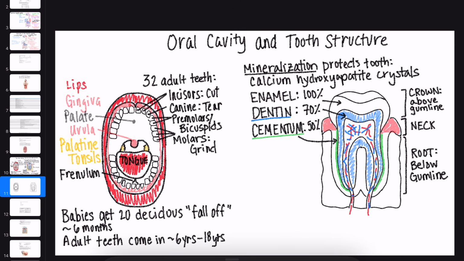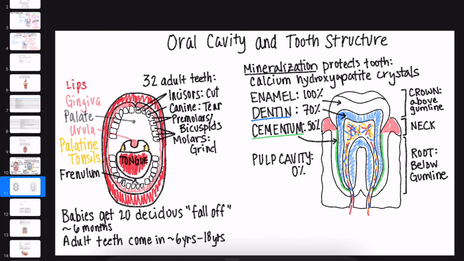And then I'm going to use this yellow because you have a lot of nerve endings in here too. That's why a cavity can hurt, or if the tooth starts to erode, then the nerve endings here are very sensitive. And we call that area the pulp cavity. So the pulp cavity is vulnerable because it is basically 0% mineralized.